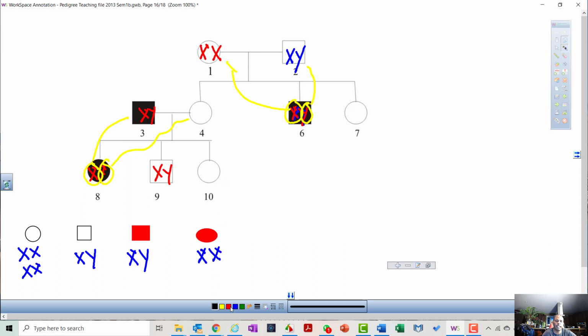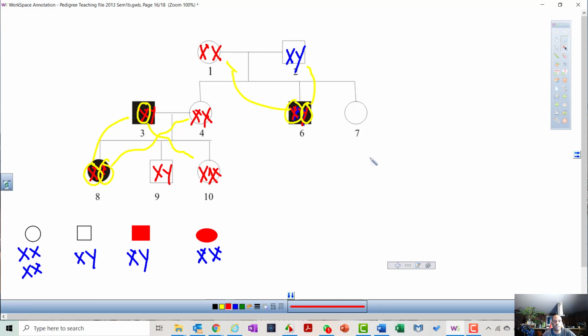So once again, this must be, okay. Number 10, I know there's at least one normal X, and they got this normal X from, I guess, mom. Why? Well, because dad had to have given his X to this daughter. And so since he has an affected X, I know that, okay?